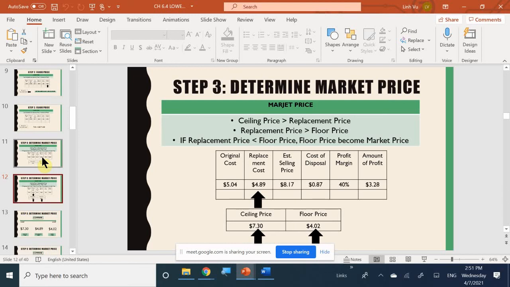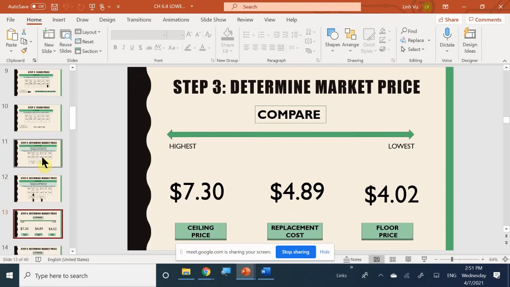And how do you compare them? You're going to put them on a number line, placed in numerical order, either from highest to lowest or lowest to highest. How you determine the market is simply which number falls in the middle. Here, my ceiling is $7.30 and my floor is $4.02.